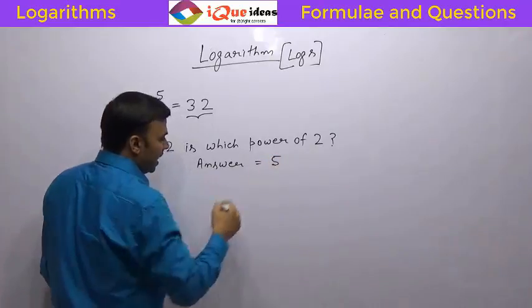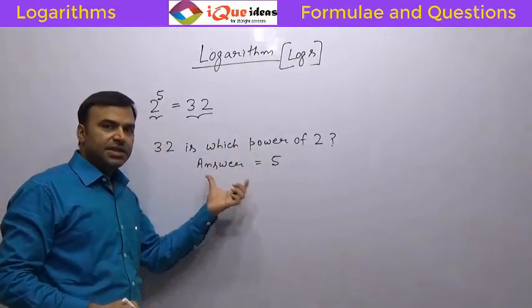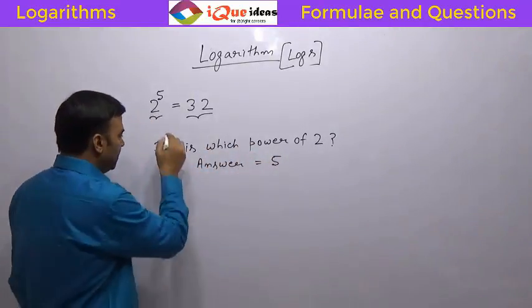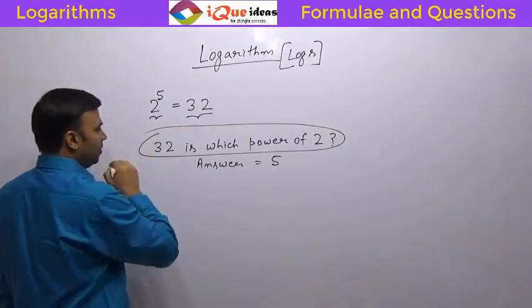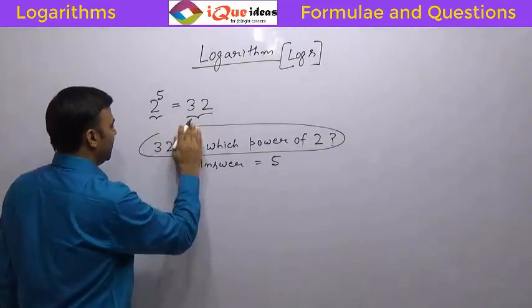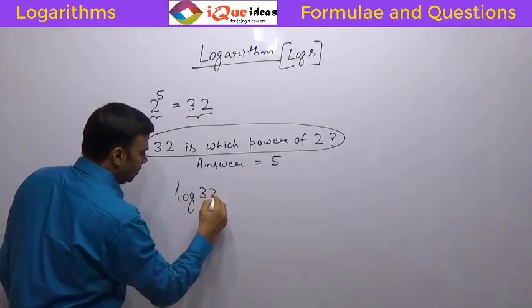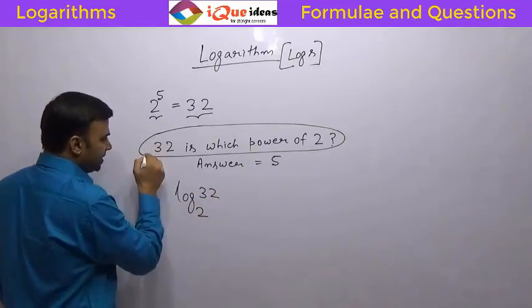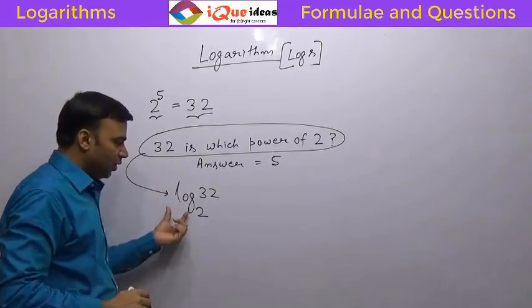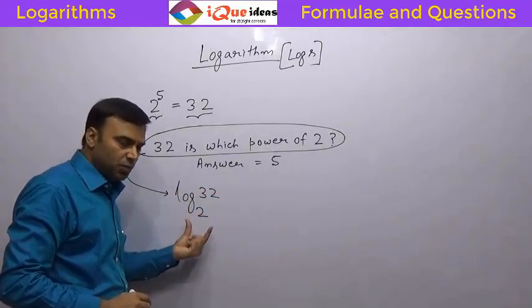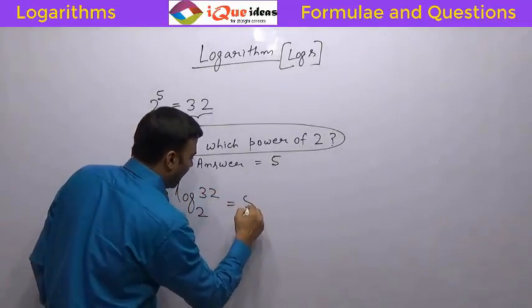Alright. Now, for this whole process, there is one single expression. So this statement can also be written in the form of log: log of 32 to the base 2 is equal to 5.